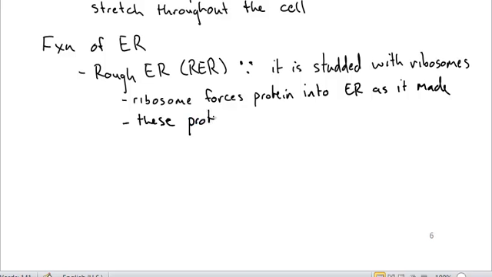So these proteins are destined for one of three outcomes or locations.